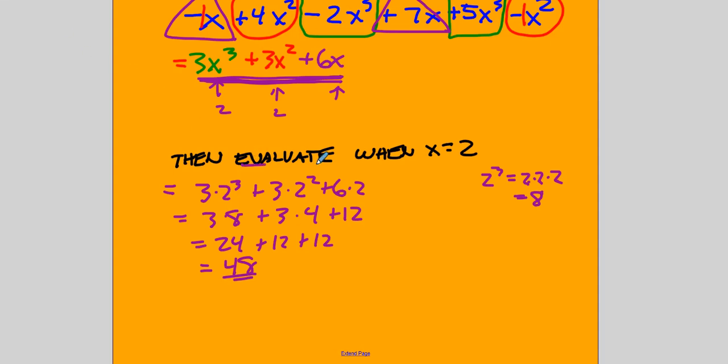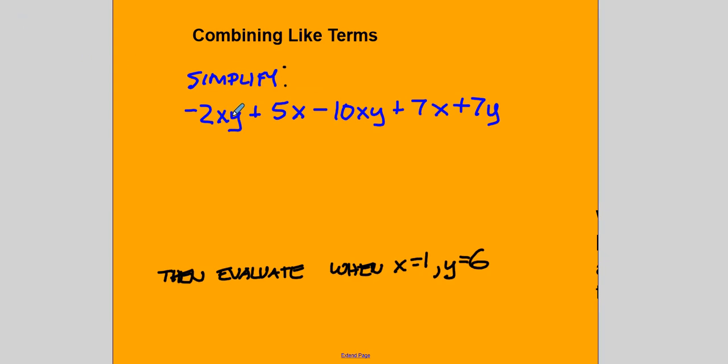So evaluate means plug in the value for x into what we call the expression here, which was this. Okay, now combine like terms. So in this problem, x, y's are not x's. You can't combine y's with x, y's or x with x, y's. You can only combine x's with x's, y's with y's, and x, y's with x, y's.